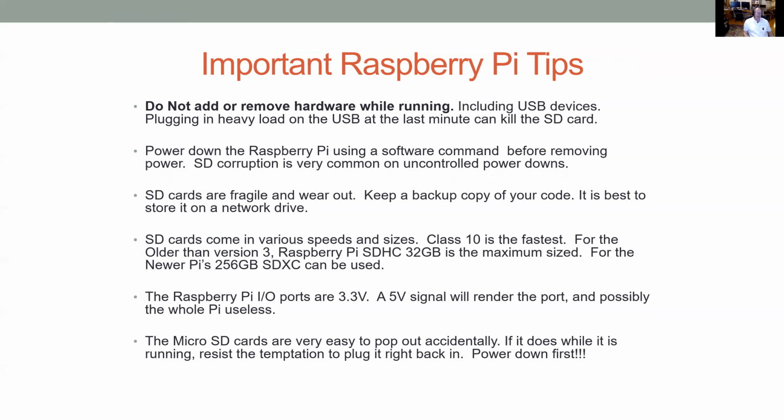So lesson learned, watch out for 5-volt signals. Also, SD cards sometimes pop out. If it pops out, don't try to pop it back in real quick. Resist that temptation. You'll make it even worse. Just unplug the Pi, plug the SD card back in, and cross your fingers and hope that it works.